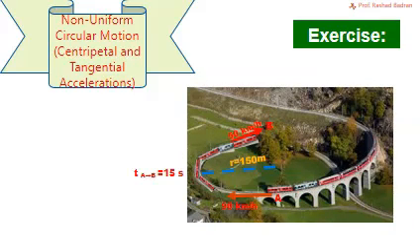The picture again shows the initial position A with its initial speed of 90 kilometers per hour, and the final position B, where its speed becomes 50 kilometers per hour, and also the time it takes the train to go from A to B, and the radius of the curvature.